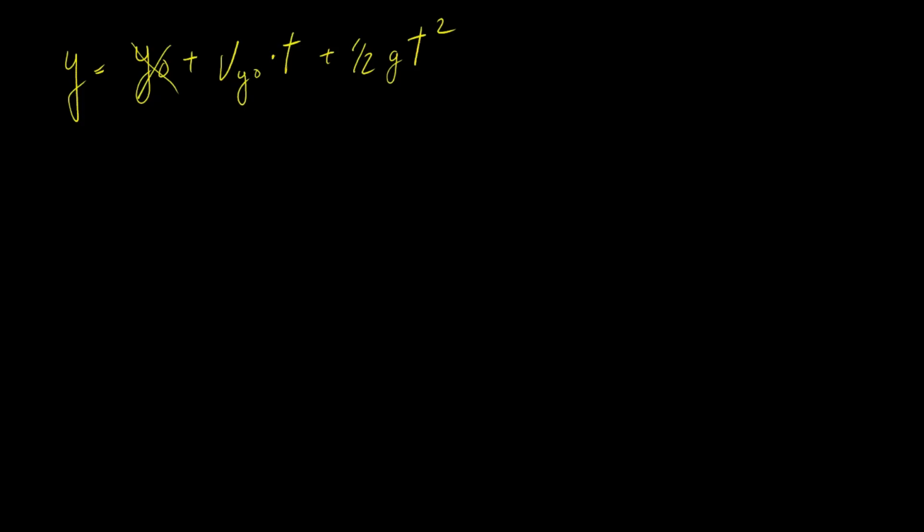So I can say y here is going to be 0 because it's going to start from the ground and end at the ground. So y equals 0. Then velocity times the sine of theta times t plus 1/2 gt squared. I'm going to bring the 1/2 gt squared to the other side.